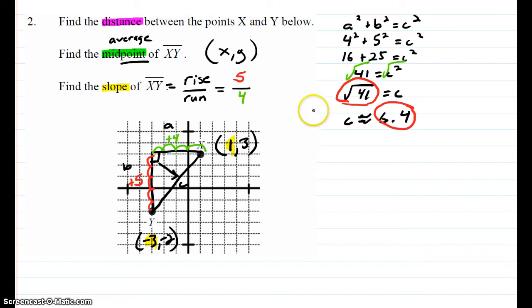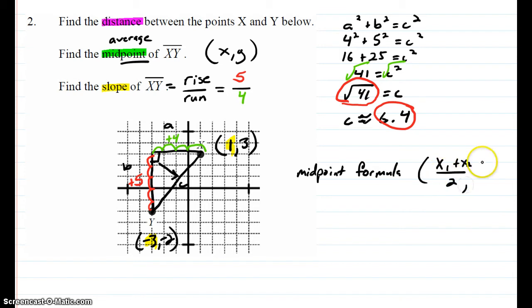So there is actually a midpoint formula. And it's just x1 plus x2 divided by 2, y1 plus y2 divided by 2. Alright, so I'm going to add up the x's. 1 plus -3 divided by 2.